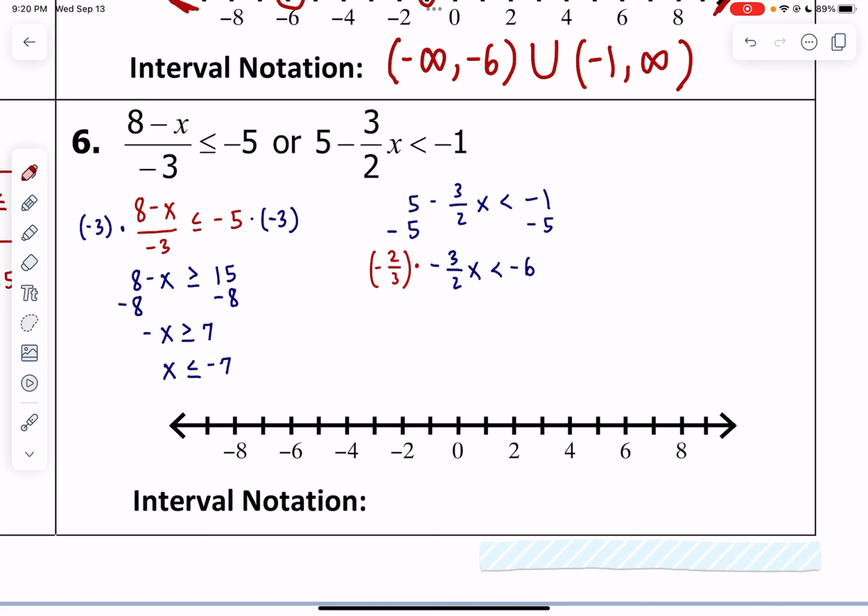Please remember that the reciprocal is just this switched. So the numerator and the denominator switch places. And don't forget this negative sign when you're multiplying by the reciprocal. So then we multiply both sides by negative 2 over 3.